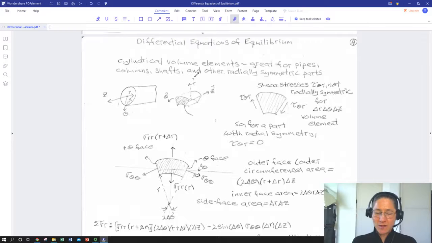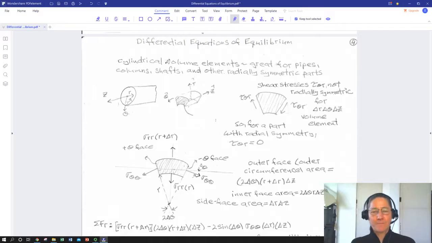Define a volume element, look at the changes in position from a reference position at the center to the faces where we're applying the stresses, turn them into forces, group them, recognize that we have literally the definition of derivative in 2 instances, gather terms, and then apply them to each face. And again, we're looking at the rate of change of stress with a change in position of the face on which it's applied.